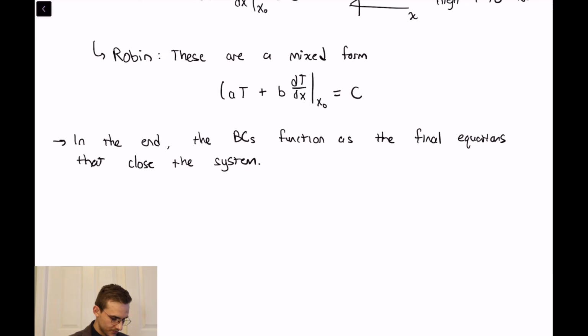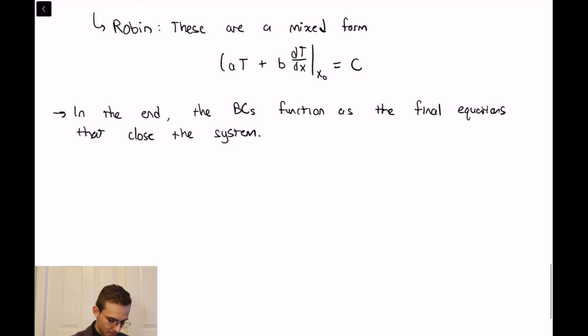With Dirichlet, the values of the temperature at the boundaries, or of the dependent variable in general, are specified. So that leaves us with n-1 unknowns. It takes us from n+1 to n-1 unknowns.